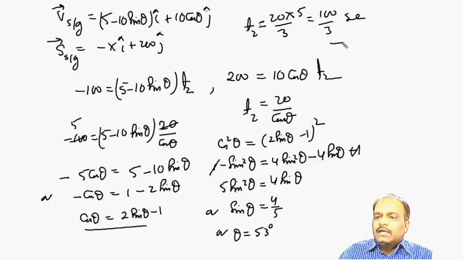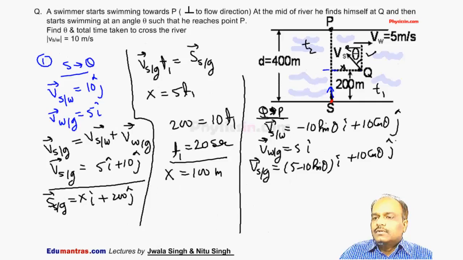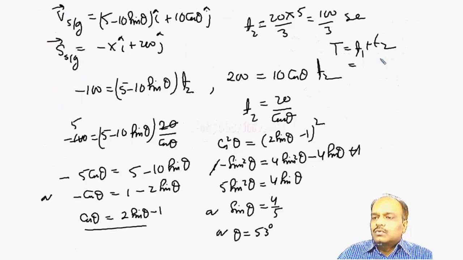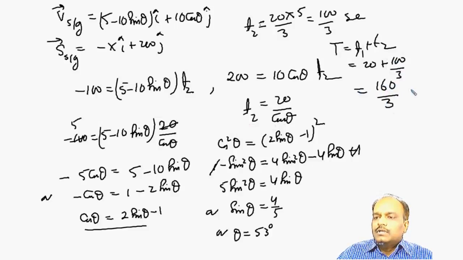So the total time t is t1 plus t2, and t1 we know is 20 second, so it is equal to 20 plus 100 by 3. This is equal to 160 by 3 seconds. This is the total time taken by the swimmer.